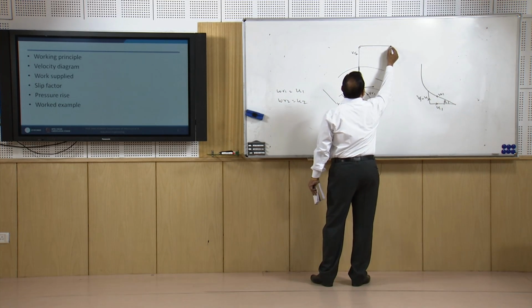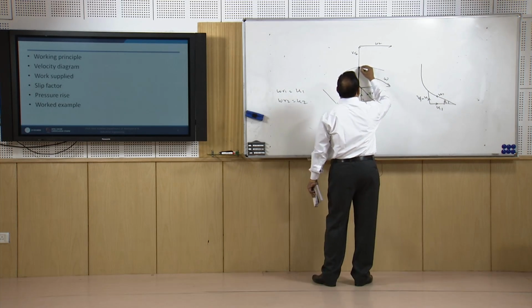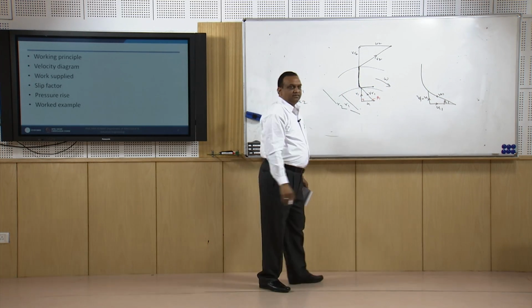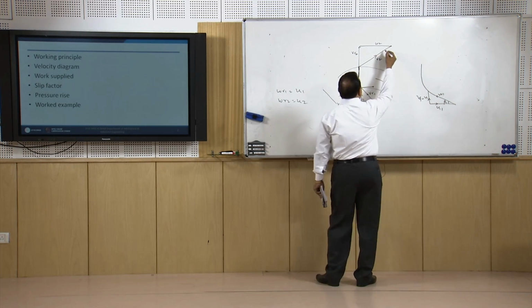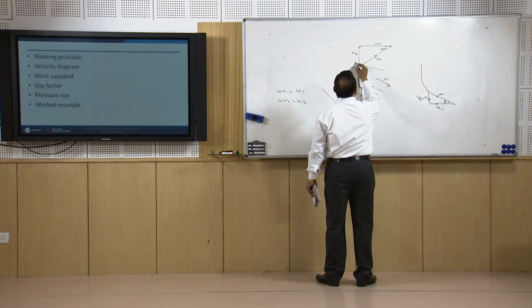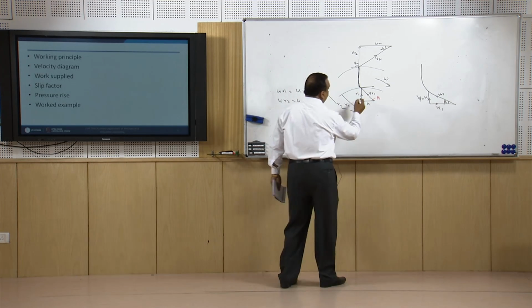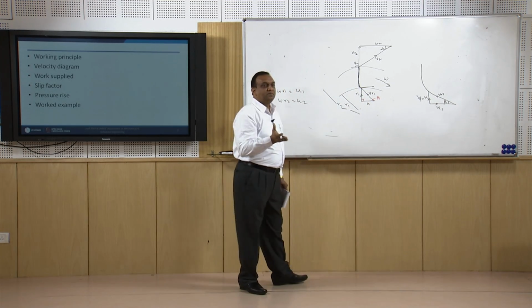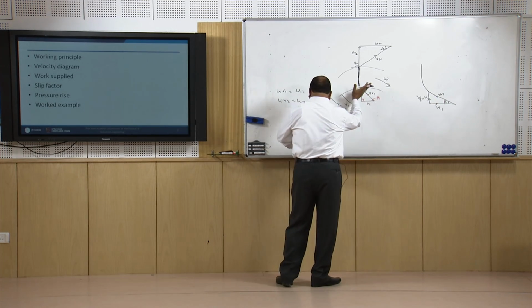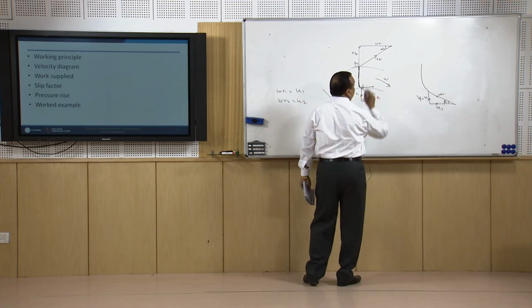This is peripheral velocity U2, and this is going to be the absolute velocity V2, right, and this is alpha 2 and this is beta 2. Now, in this compressor, at the entry there is no whirl component, because power is calculated with the whirl component only. So, at the inlet there is no whirl component, at the outlet this is the whirl component.